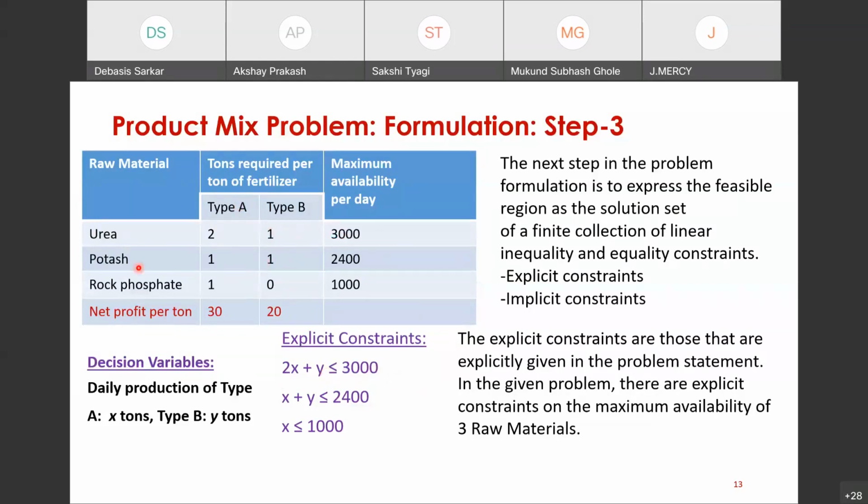Similarly, X plus Y is the total consumption of potash. So that should be less than or equal to 2,400. Similarly, rock phosphate is only required in type A. So X plus 0 is less than or equal to 1,000. These are my set of constraints.